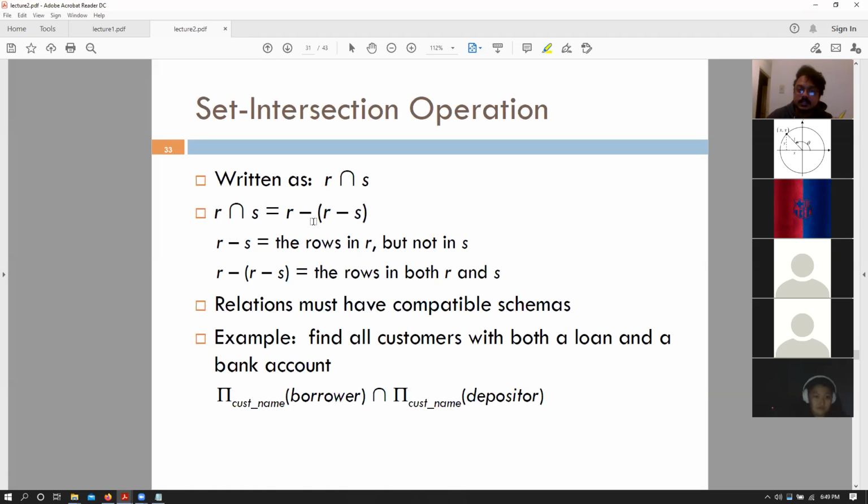That basically means find all of those tuples that are in R but not in S. Even if they are present in R, we remove those if they are in S as well.